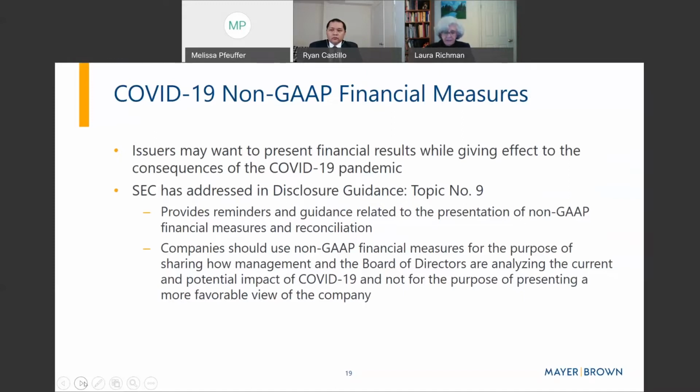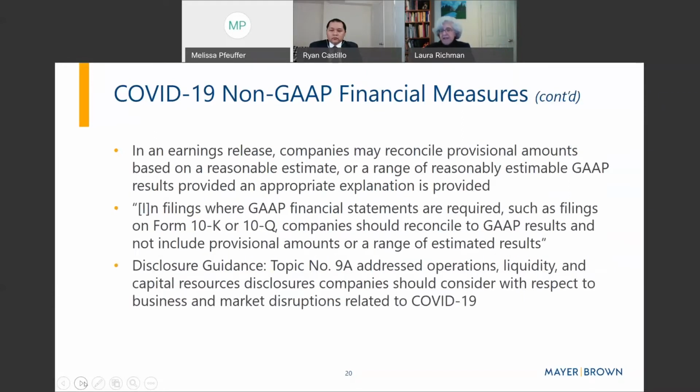Slide 20, please. The guidance provides that if a GAAP financial measure is not available at the time of an earnings release, because the COVID-related adjustments require additional information and analysis, the division won't object to companies reconciling to a non-GAAP financial measure to preliminary GAAP results that either include provisional amounts based on a reasonable estimate or a range of reasonably estimable GAAP results.